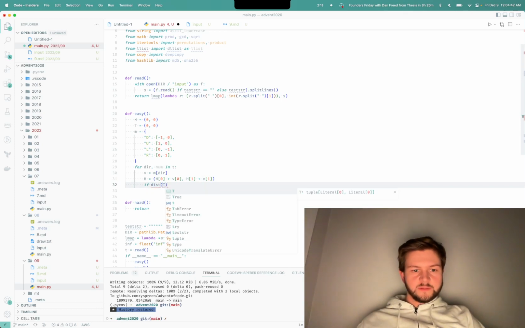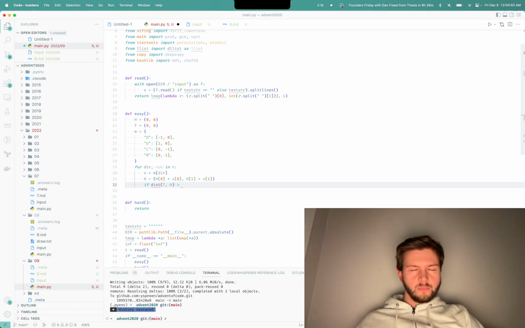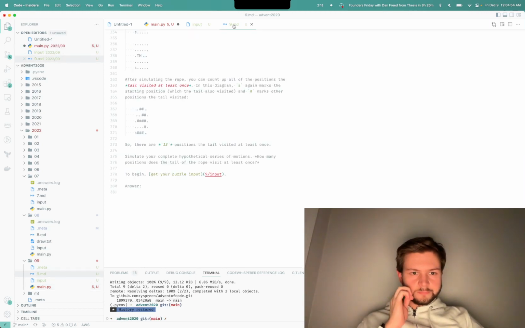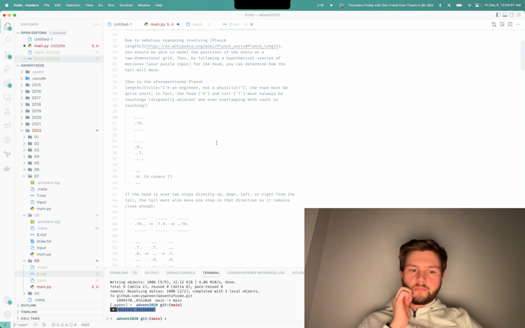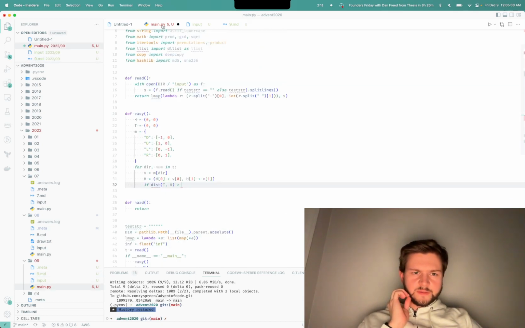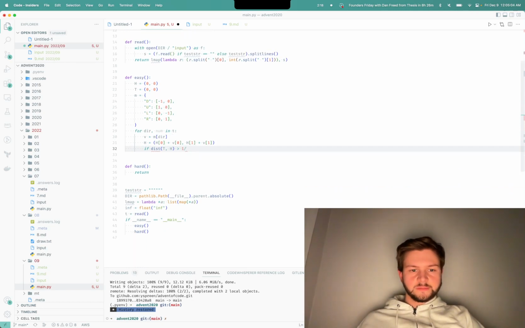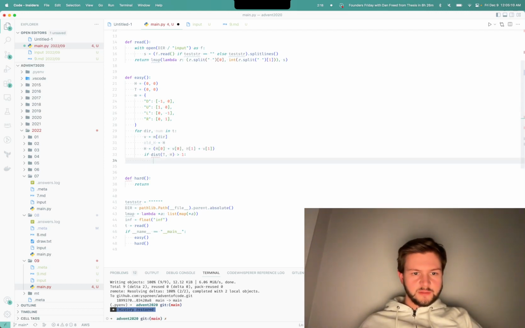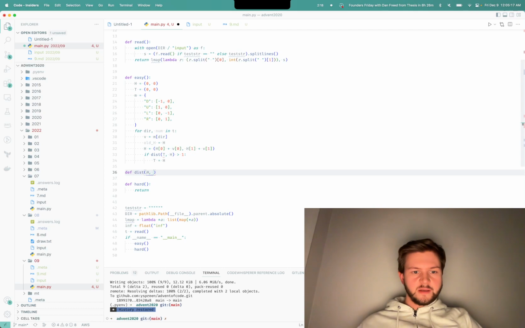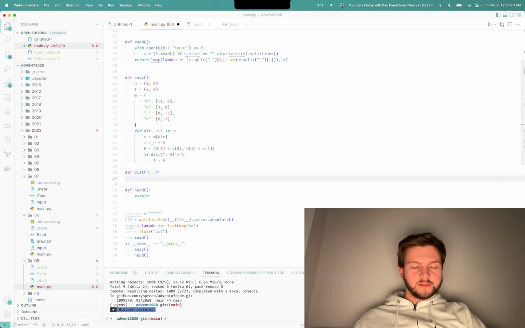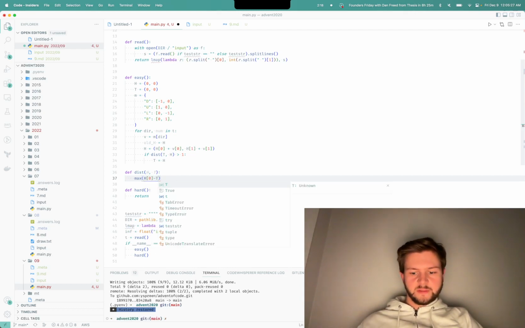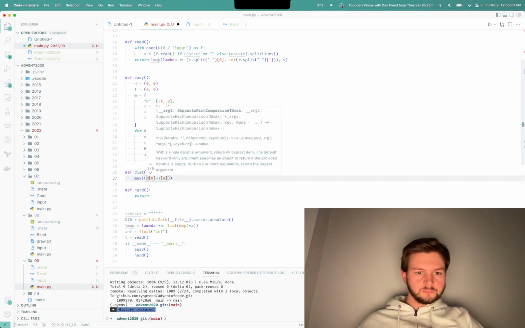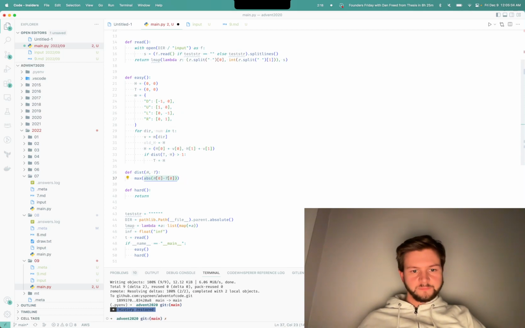if dist of tail and head greater than, well, I guess, yeah, so it's gonna take the maximum, then old head tail. def dist of head and tail, and it's the maximum of head 0 minus tail absolute, and the same with 1.